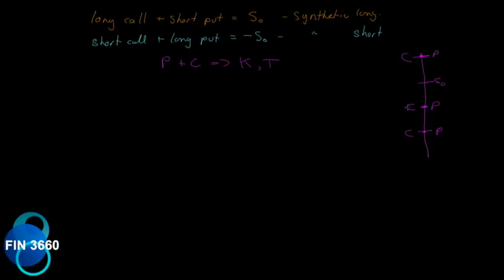If we know the price of one, we can derive the price of the other. And it doesn't matter where the strike price is in relation to the stock price. These synthetic positions hold with strict equality. Strict equality. So we can say that this is strict put-call parity.